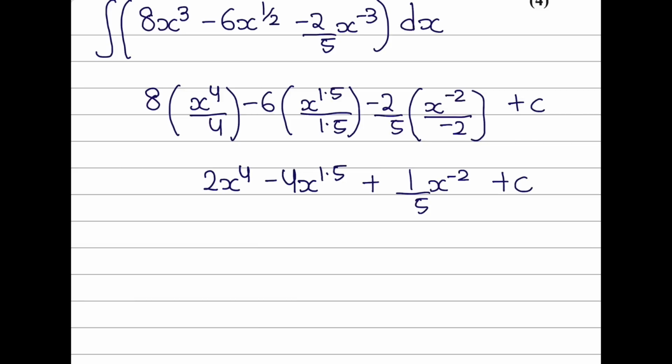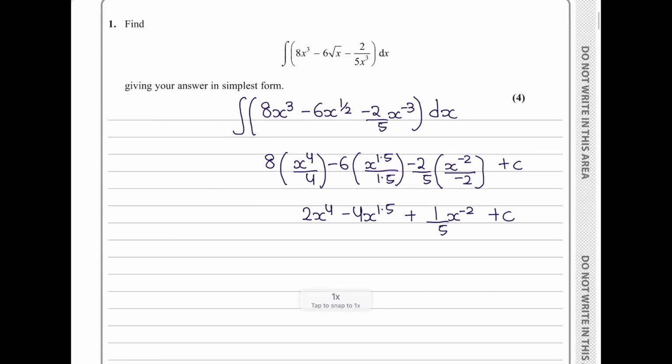So this is how we solve the first question: 2x raised to 4 minus 4x raised to 1.5 plus 1 over 5 x raised to negative 2, or in the numerator x squared, plus a constant c, and this would give you 4 marks.